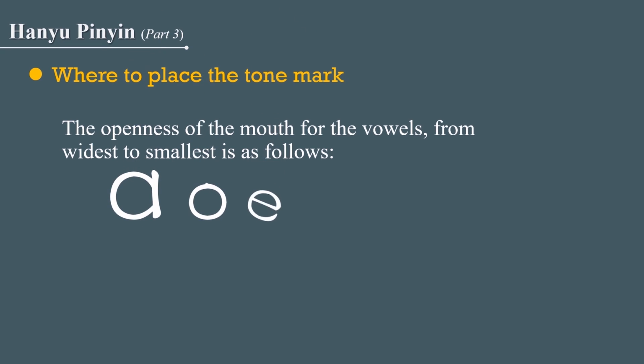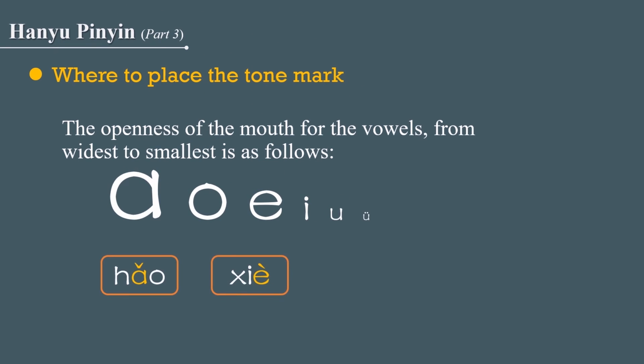And the openness of the mouth for the vowels, from widest to smallest, is as follows: 啊、哦、一、乌、吁. For example, in the syllable 好, the vowel 啊 is wider than 哦, so the tone mark is above 啊.